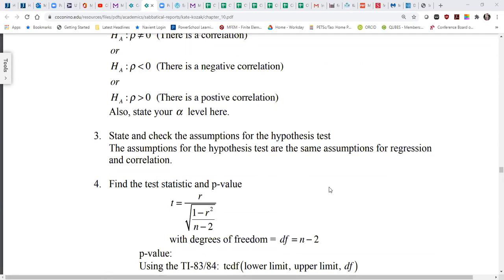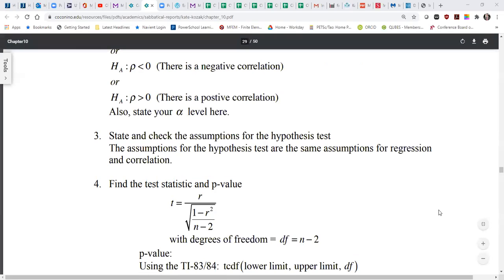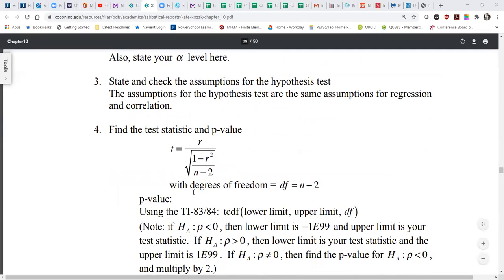So you can see here, this is the formula to find the test statistic. The test statistic t equals r divided by the square root of 1 minus r squared divided by n minus 2. And the n minus 2 is the degrees of freedom.